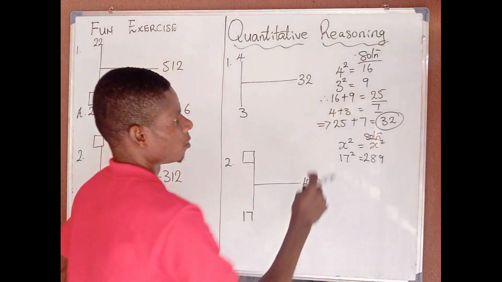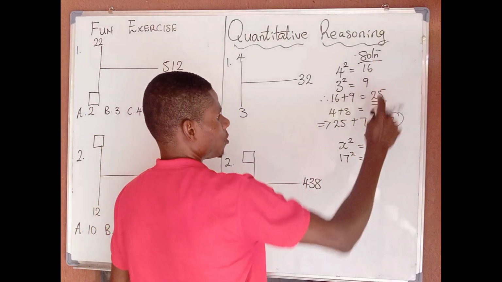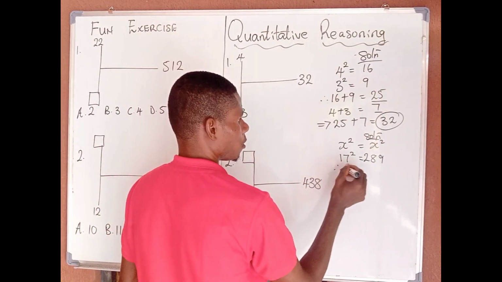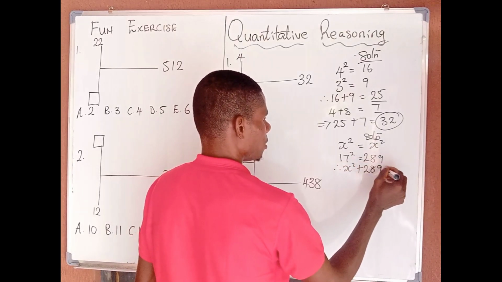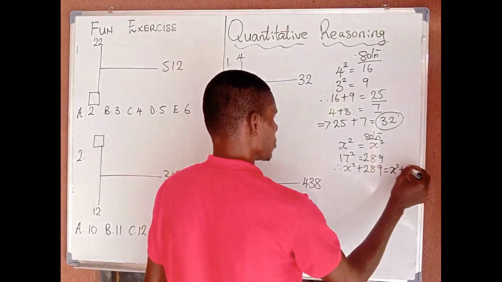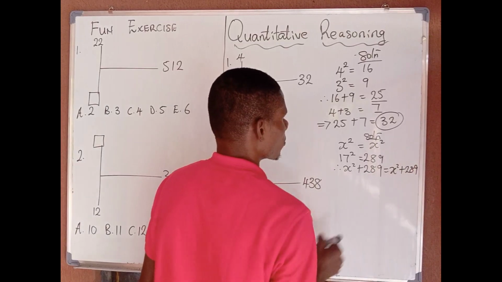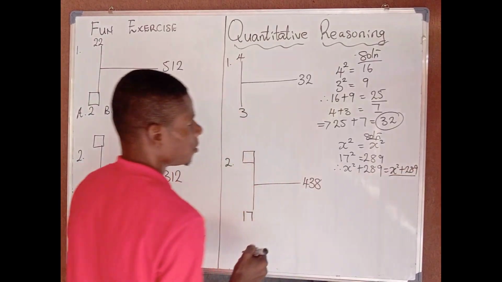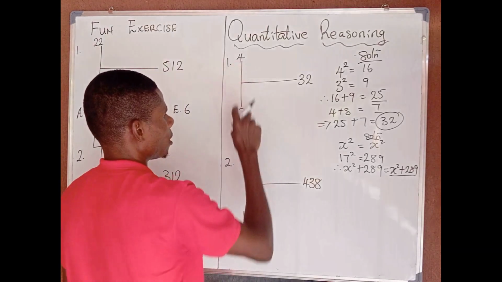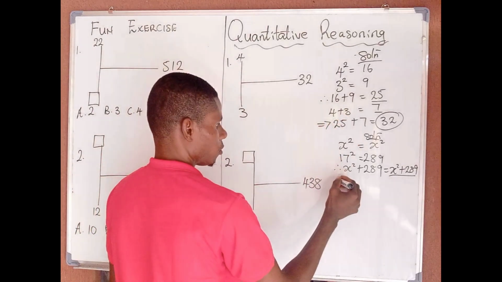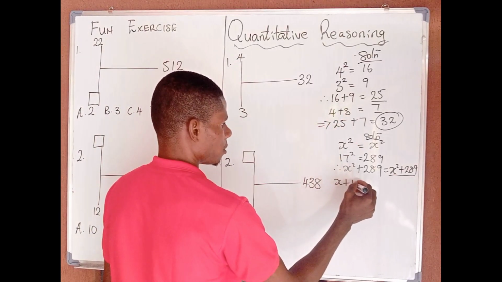Okay. So as we did here, we added these two results. So therefore, x squared plus 289. So what again do we do? We add this to this and this. We added it here. So here should be x plus 17.